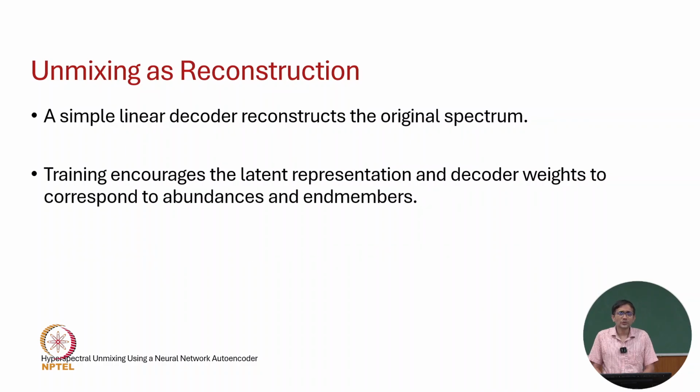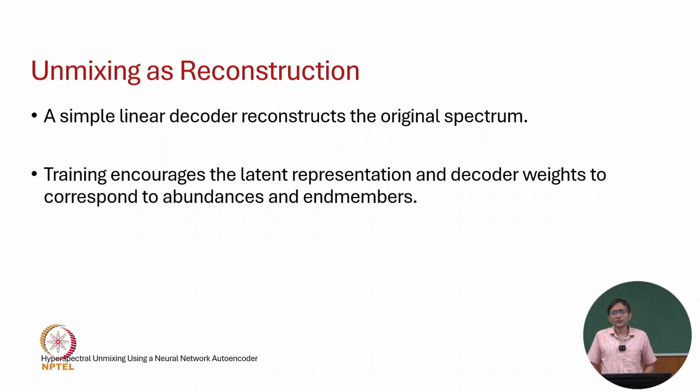On top of this, one would use a simple linear decoder to reconstruct the original spectrum. Thus, we need to implement the training process in such a way that it encourages the latent representation to correspond to the abundance, whereas the decoder weights correspond to the end members.